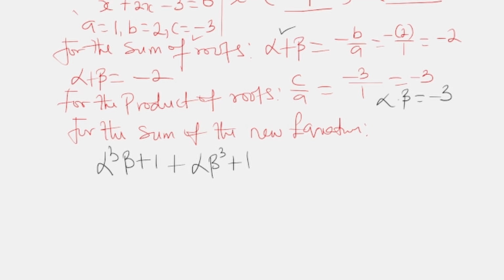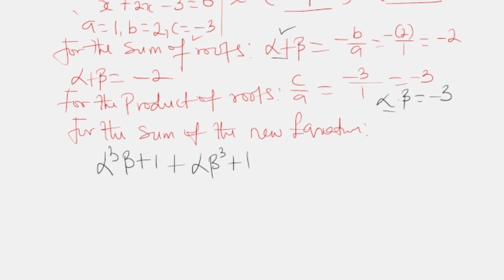Remember, you cannot substitute a -2 and a -3 inside this unless you have your sum and your product. So we are going to either factorize, simplify, or manipulate it in any way we have to, to come up with these exactly.